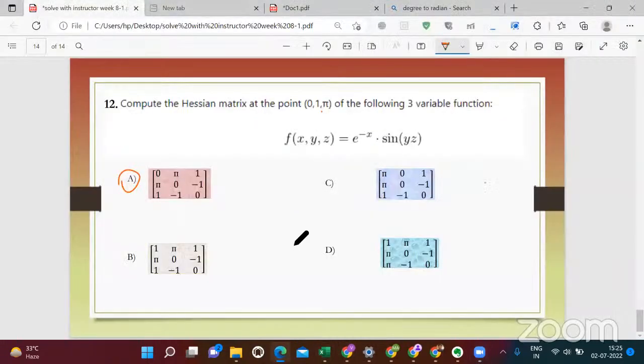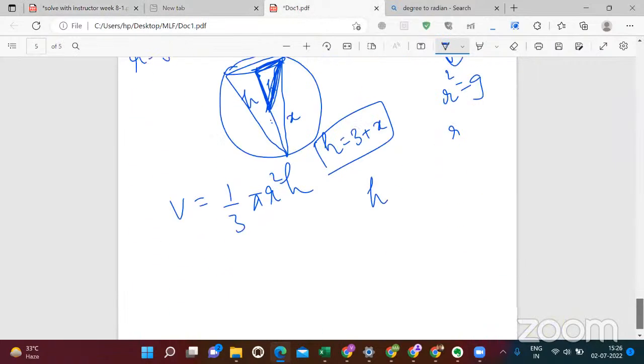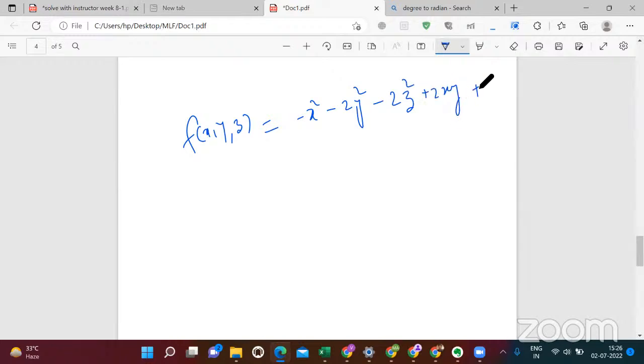Wait. If I'm having this type of equation, I don't know whether I'll be able to solve it or not, but okay, let's discuss this. We have this equation f of x, y, z in the form of minus x square minus 2y square minus 2z square plus 2xy plus 2yz.